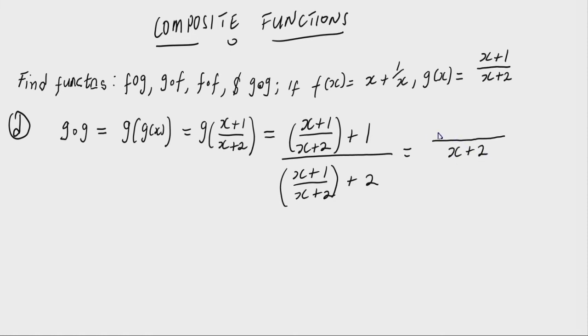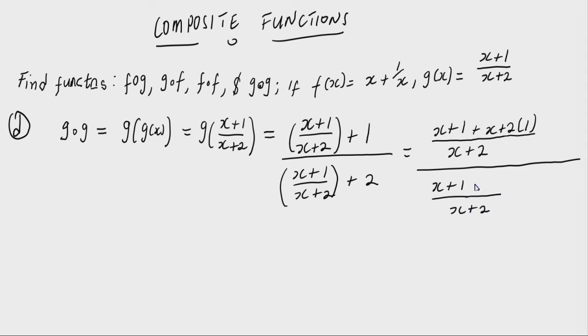And then this would turn out to be x plus 1 here plus (x plus 2) times 1, divided by (x plus 2) down here. Because I like to exaggerate that one so I know what the main division line is, because you could easily confuse it trying to finish your problems real quick. This is plus (x plus 2) times 2.